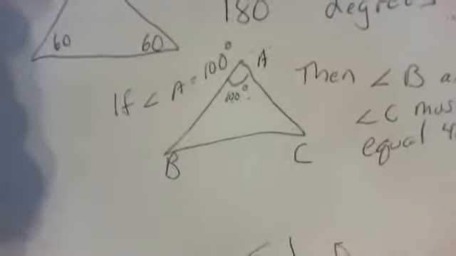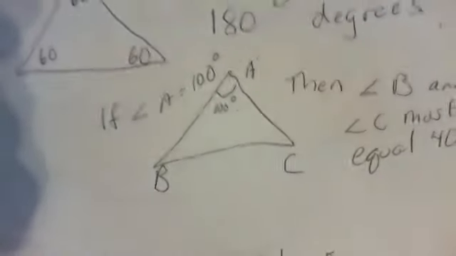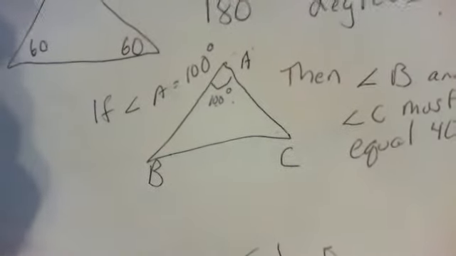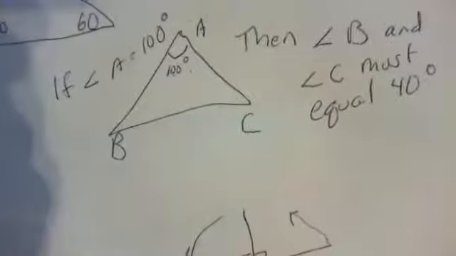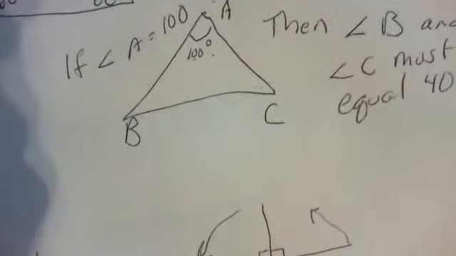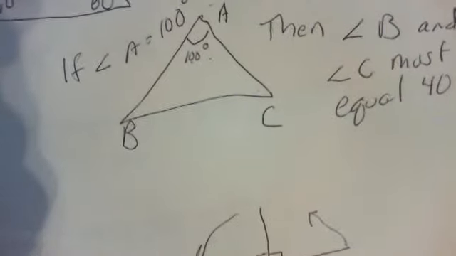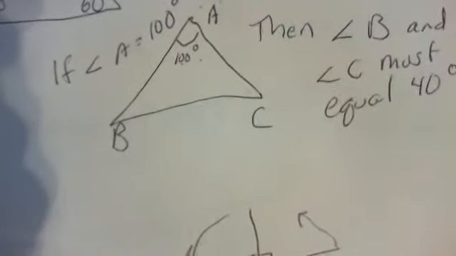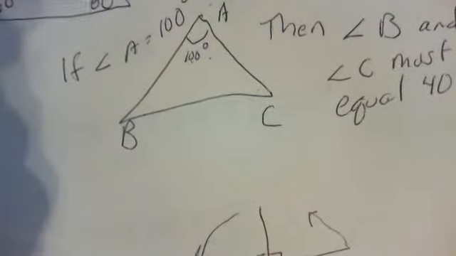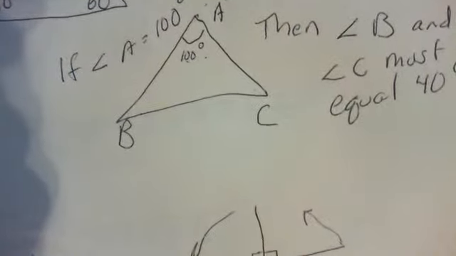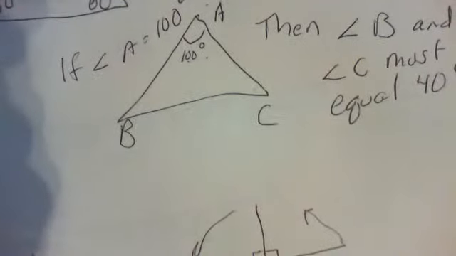Why is that important? Okay, suppose you get a problem where angle A equals 100, like in this case right here. Then angle B is your angle sign, and angle C must equal what? 40 degrees. Why? Because if the whole thing must equal 180 degrees, and this is already 100, then this has to be 40 degrees, which will make it 140. And this has to be 40 degrees, which will make it 180 to complete the triangle.